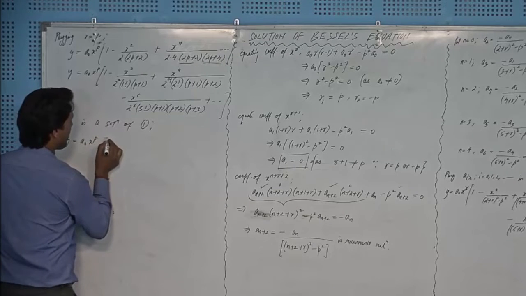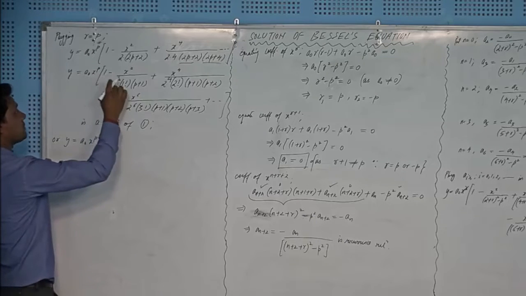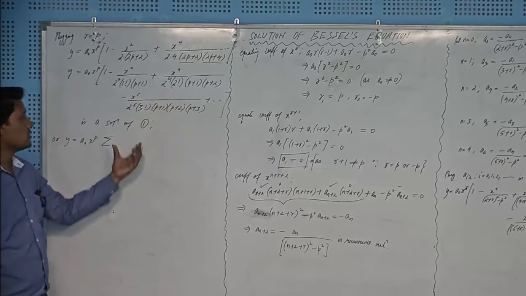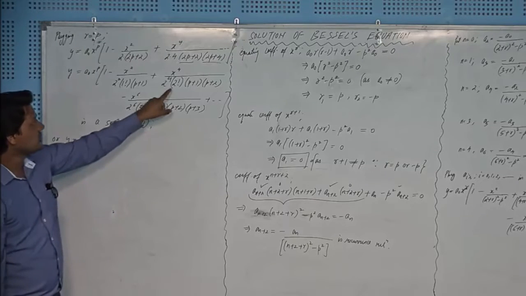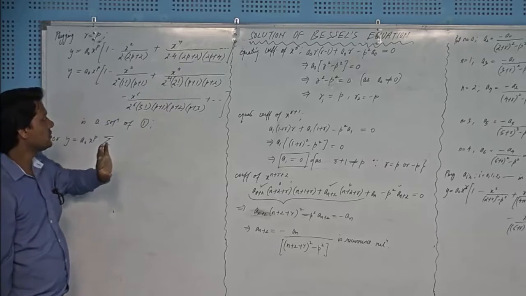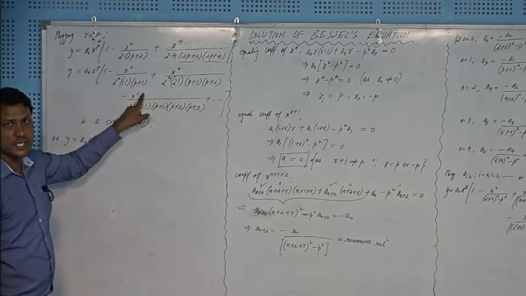See, summation, right? If you pick up any term, do not pick up the first and second term, just see the third term. This is a good term in order to get a generalized term, right? So see the third term. This is the third term. Okay, this is x to the power 4, right? And you can see that all powers are even powers. The first thing is that.